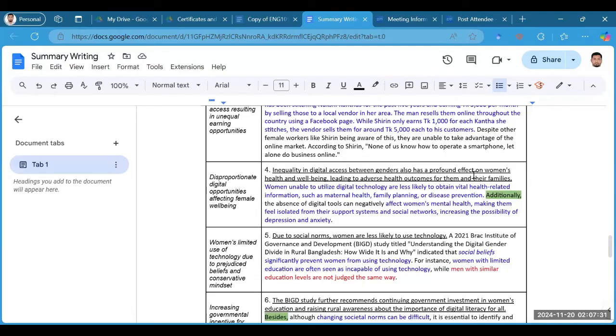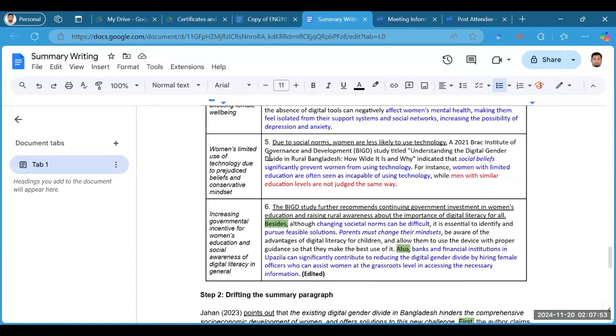So again, it is actually a very big issue. So I have identified the margin note as disproportionate digital opportunities affecting females' well-being, that is their mental and physical health, both are affected negatively, basically. So you understand the main idea here.